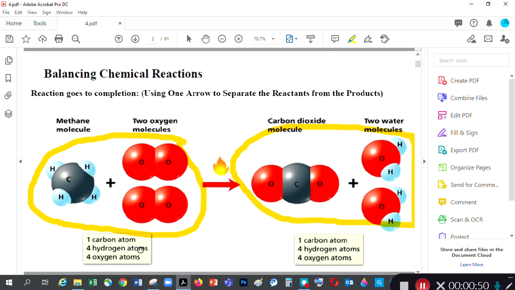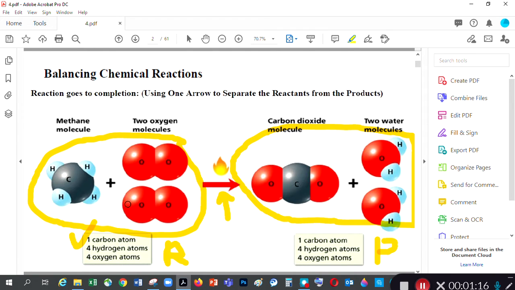If you look at the carbon at the left side, the reactant side, of course they are separated by this arrow between the reactants, R, and the products, P. So carbon atom, 1 and 1.